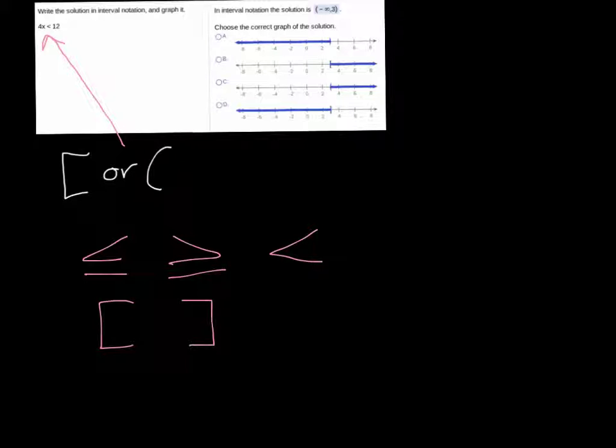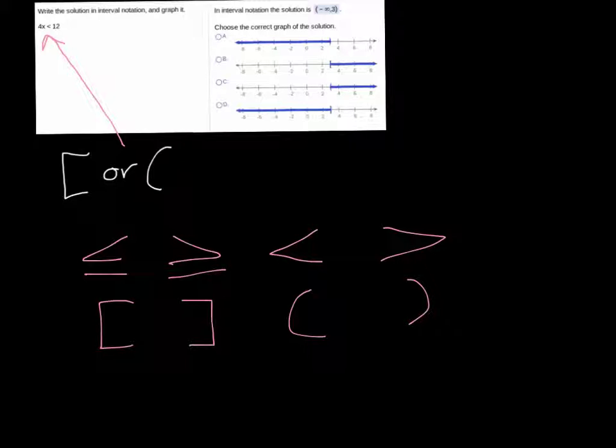Okay, so if it's less than or equal to or greater than or equal to, for that boundary you use brackets. If it's less than or greater than, then you use parentheses. Okay? Now remember, I said for that boundary.